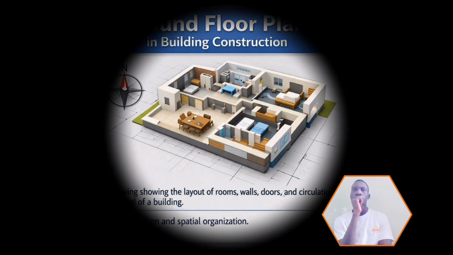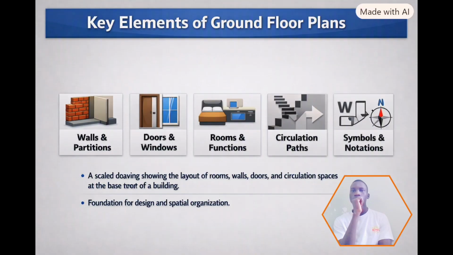When you're observing a plan, or when a plan is being presented to you, the key elements you're supposed to be able to identify are the walls and the partitions. You can see the walls, the alignment of the walls. You can see the doors and windows. These elements have symbols that are used to represent them. I'll show you in a video to come. Just keep coming to check on my page.